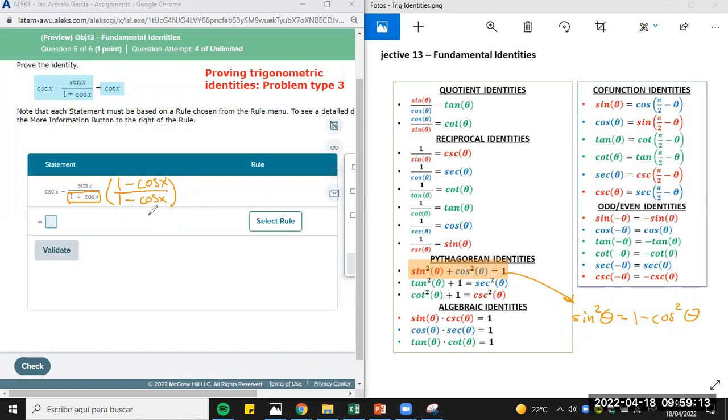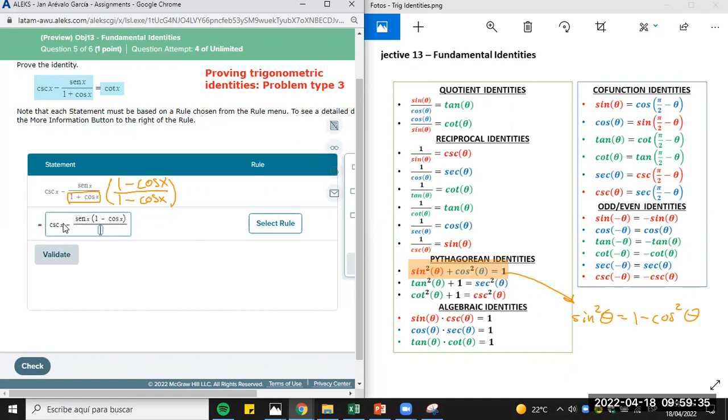All right, so that is a little trick we use sometimes to have something that is convenient for us. So the numerator will be sine times 1 minus cosine, right?